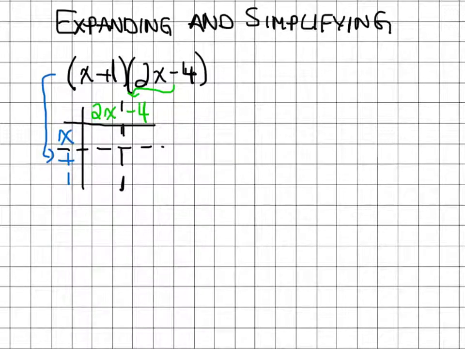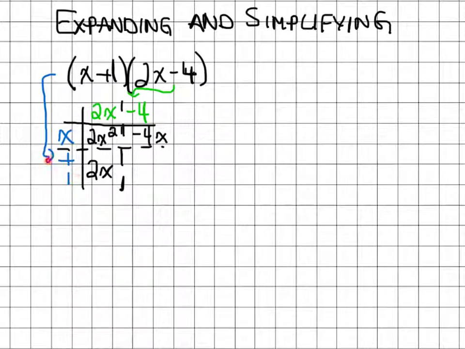So 2x times x is 2x squared. x times negative 4 is negative 4x. Then I have positive 1 times 2x, which is 2x.